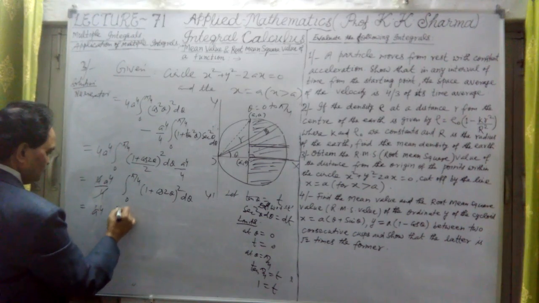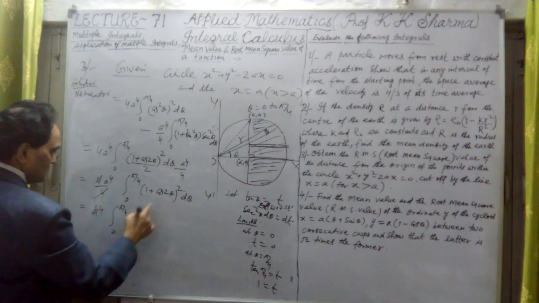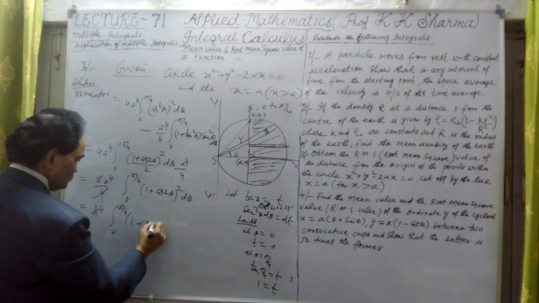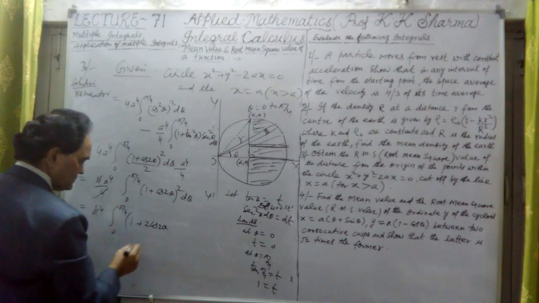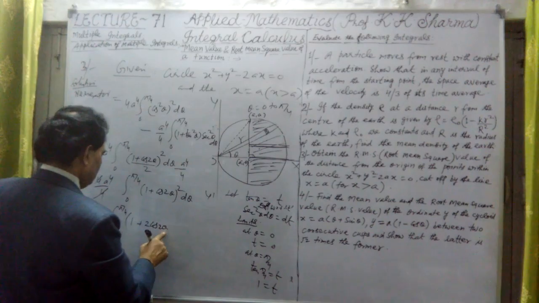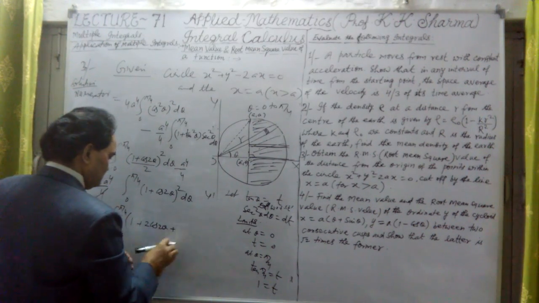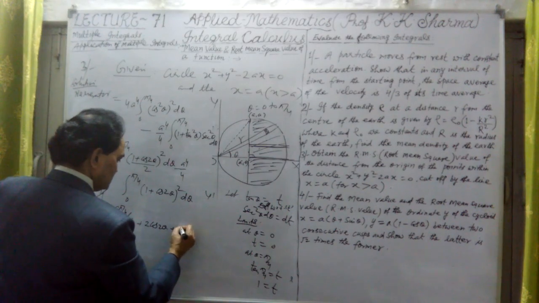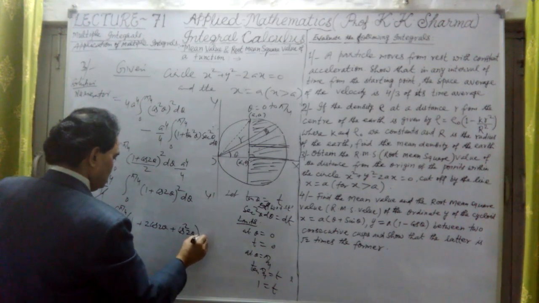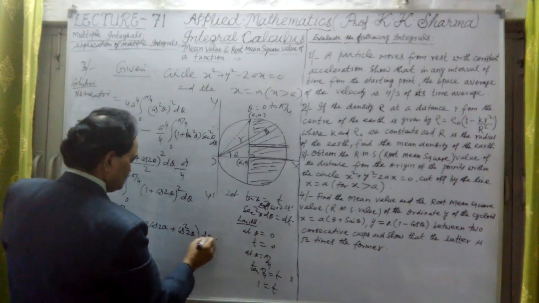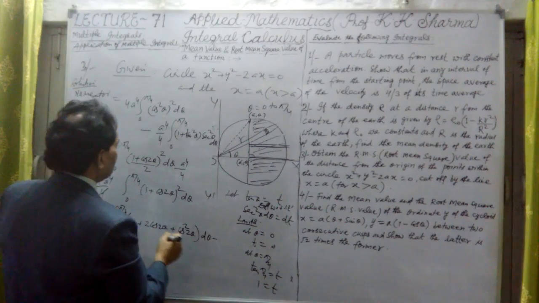Now 0 to pi by 4. If I open this whole square, you will get 1 plus cos 2 theta plus cos square 2 theta d theta, and minus this value, minus a^4 upon 4.